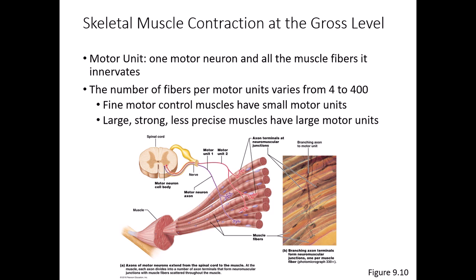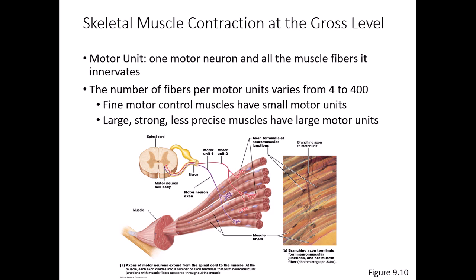And each of those axon terminals was able to supply one muscle fiber. So a motor unit is that one motor neuron and all the fibers that it innervates through those many, many axon terminals. The picture on this screen shows that same thing as a drawing and also as a photomicrograph, so something under the microscope.